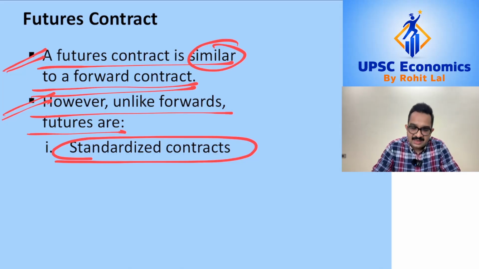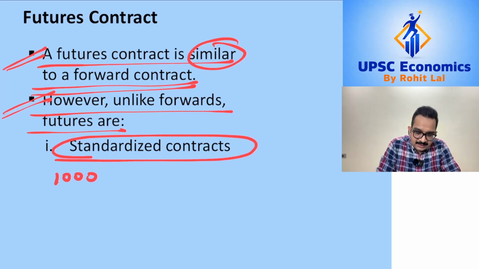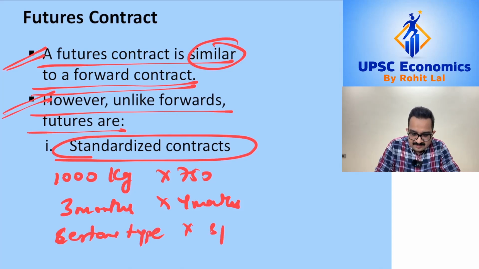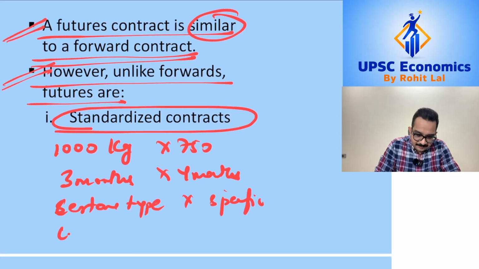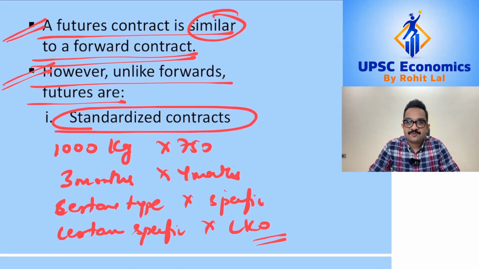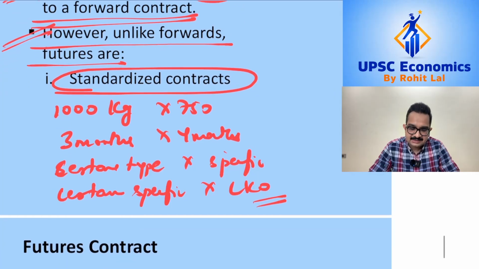So for example, you could have a contract which says that you can buy 1000 kgs of rice and not 750. The delivery time is 3 months and not 4 months as you want, and it talks about a certain type of rice and not the specific type you're wanting, and the delivery could be at a certain specified warehouse and not the warehouse you wanted, for example in your city such as Lucknow.